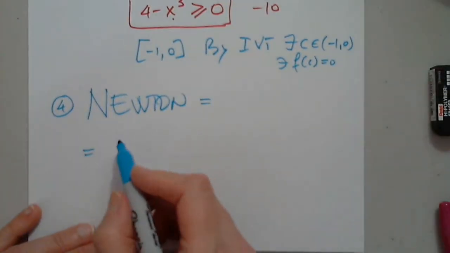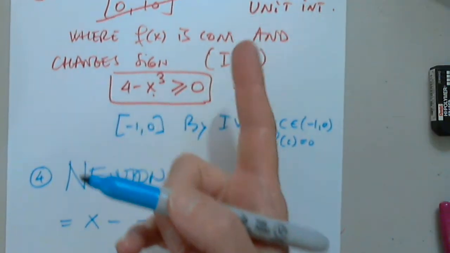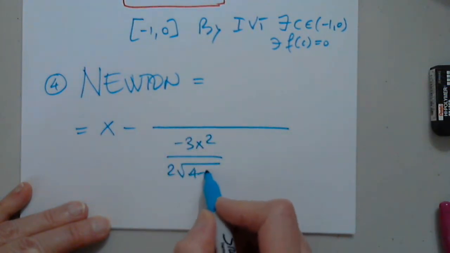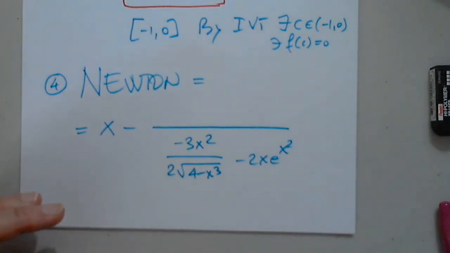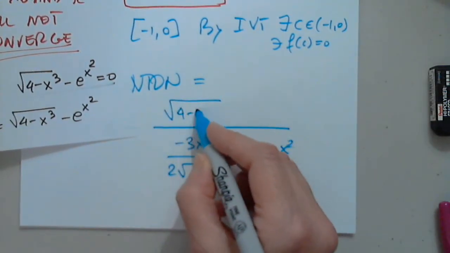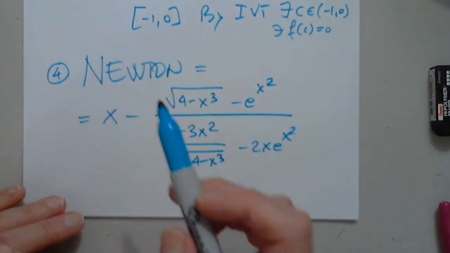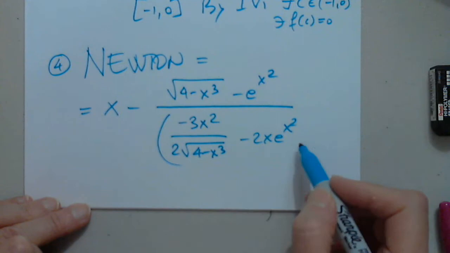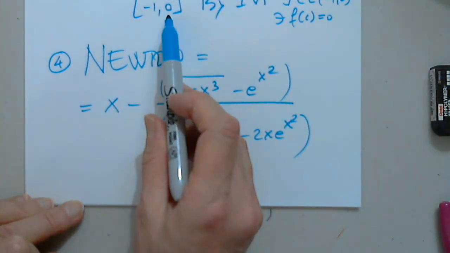So for this function it is x minus, that's the derivative, and the function is this at the top. I will enter in the graphing calculator this function, not easy to enter, and I will start either at -1 or at 0.